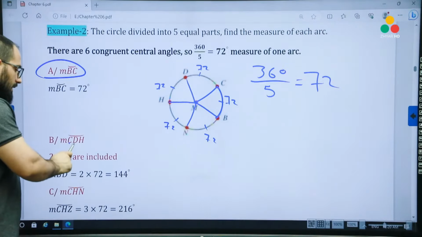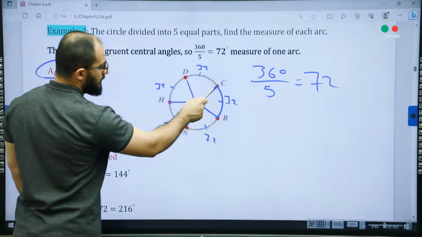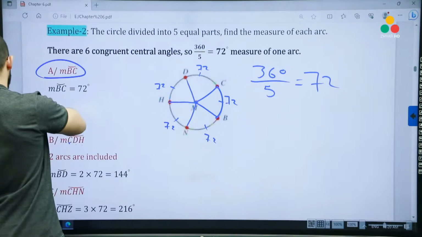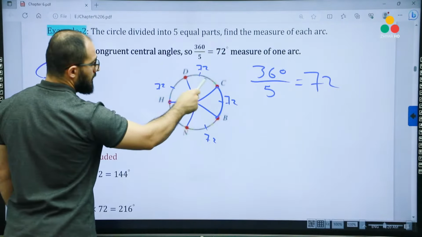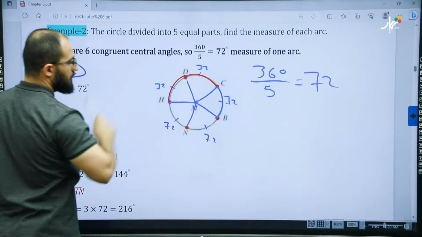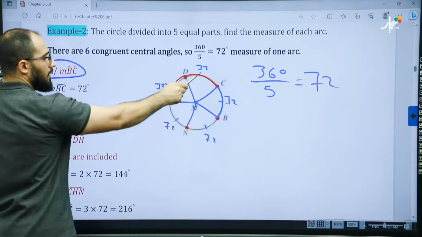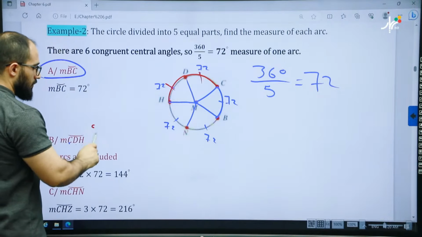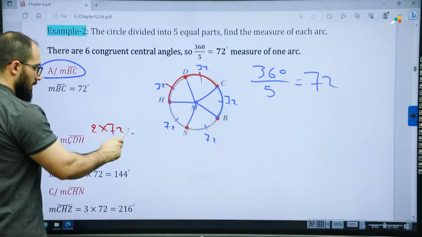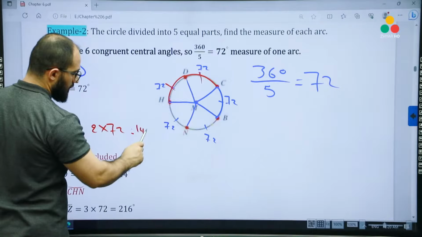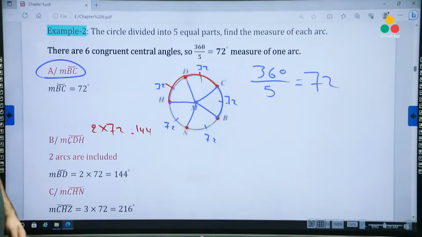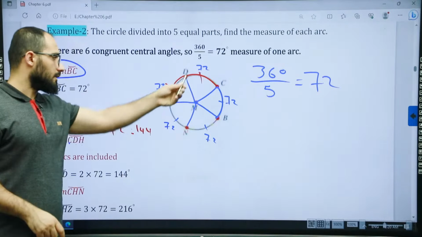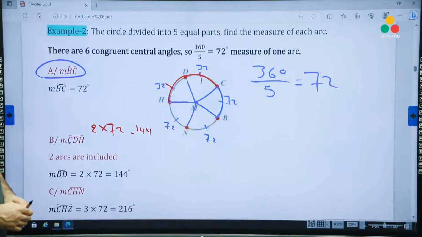The measure of CDH. Let's use another color. CDH. How many arcs are included? 1, 2. So the measure of CDH is going to be 2 times 72, and it is equal to 144, because 2 arcs are included, so you multiply by 2.